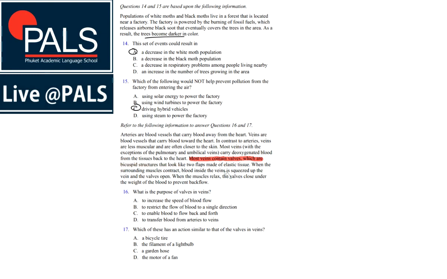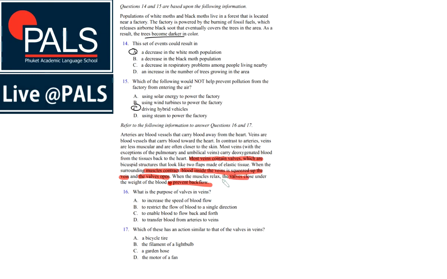When the surrounding muscle contracts, blood inside the veins is squeezed up the vein and the valves open. When the muscles relax, the valves close under the weight of the blood to prevent backflow.